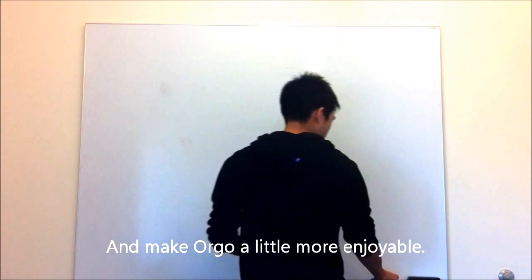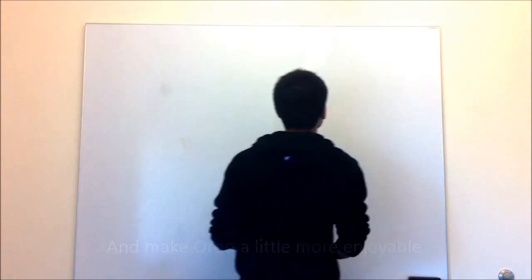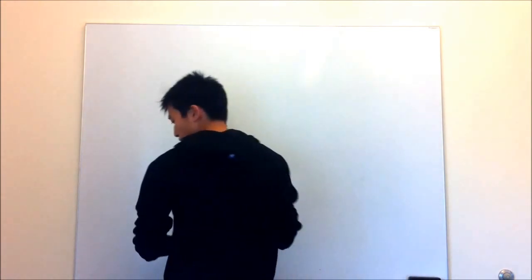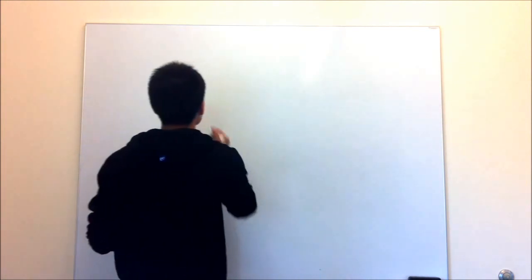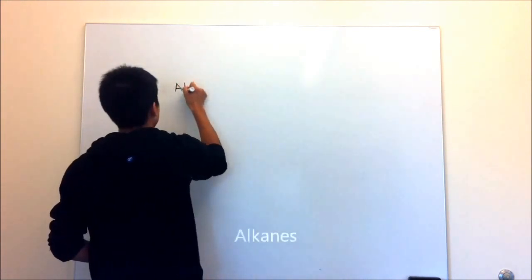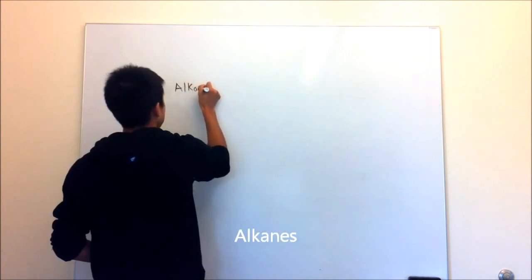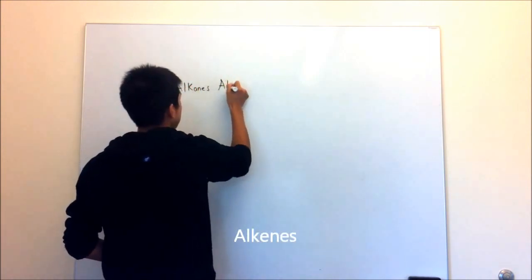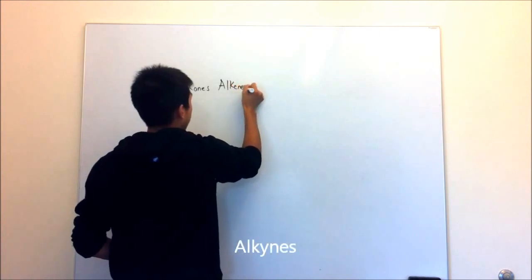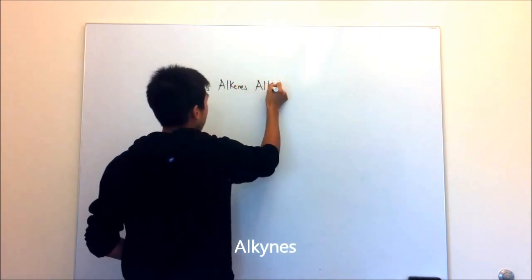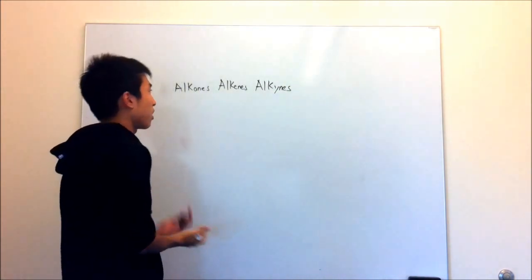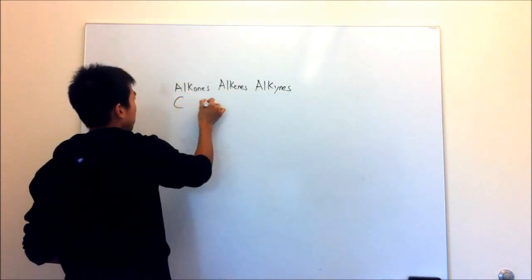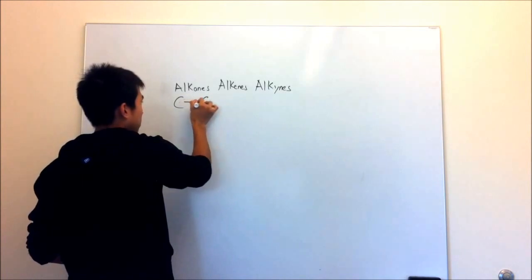Okay, so to start off, let's talk about alkanes, alkenes, and alkynes. Alkanes are basically just carbons bonded to carbons with a single bond.